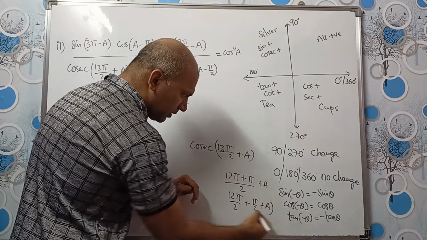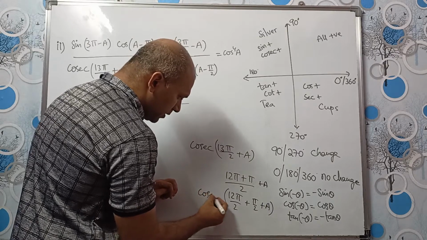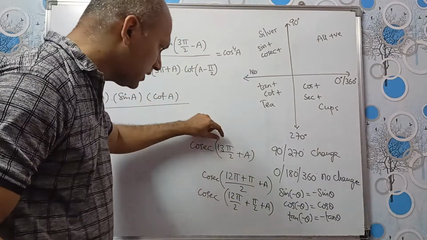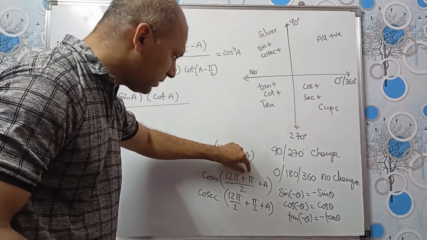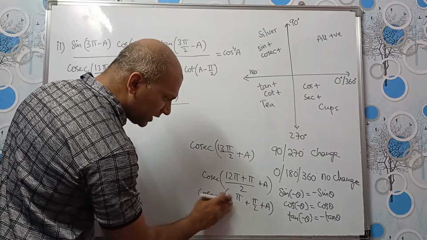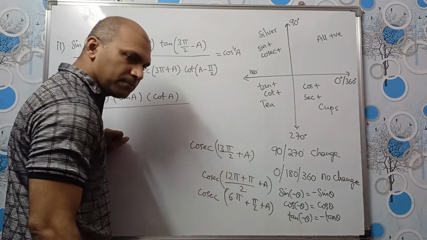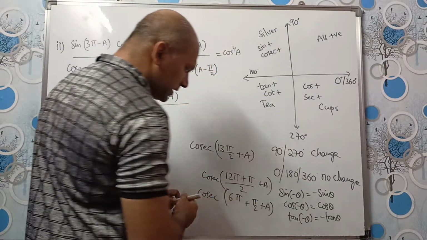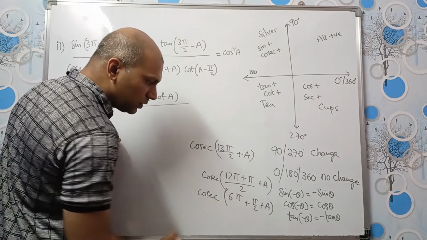I hope you understood. 13π we wrote as 12π plus π, divided by 2. Now 12 divided by 2 is how much? It is equal to 6. So this is 6π + π/2 + A. Now 6π is equal to how much?